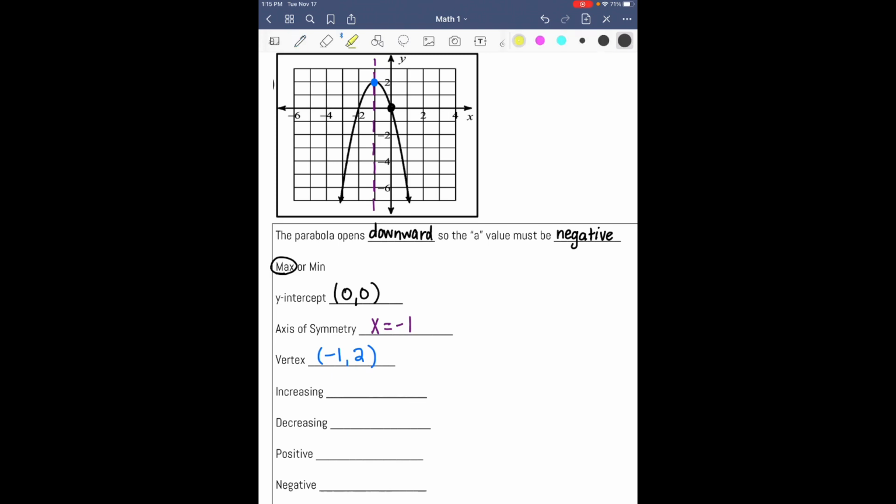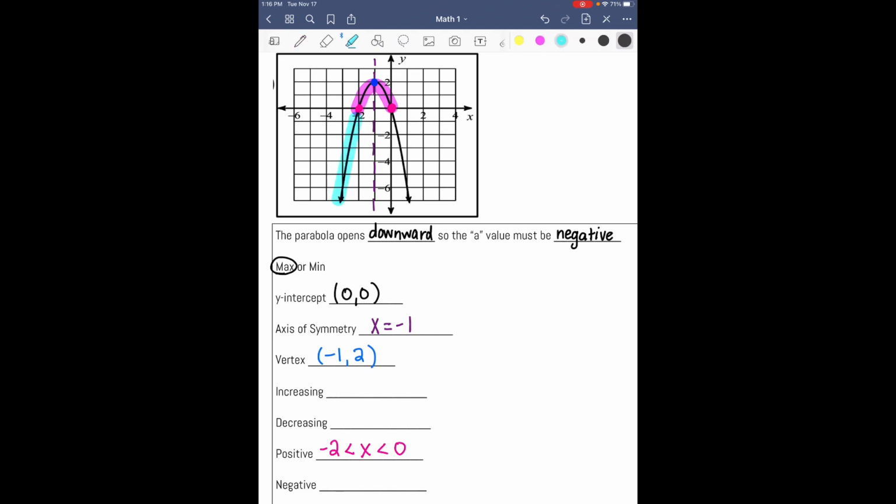So positive and negative are pretty simple in the sense that positive is when it's above the x-axis. So my graph began being positive at -2, and it stopped being positive at 0. So it's positive, so I'm going to do an inequality from -2 to 0.